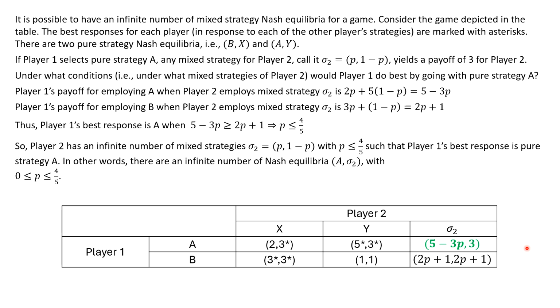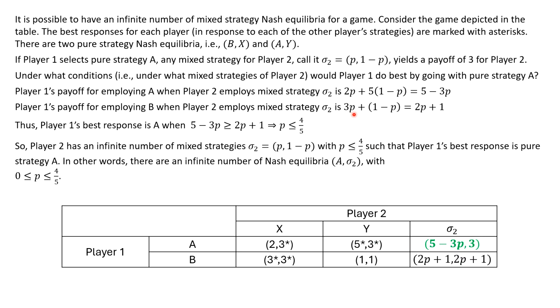So to do that, we'll have this sigma sub 2 defined by the probabilities P and 1 minus P. So in other words, player 2 plays X with probability P and Y with probability 1 minus P. And in that case, when player 1 plays A, the payoff for player 2 under playing sigma sub 2 is 3 times P plus 3 times 1 minus P, and that's 3.